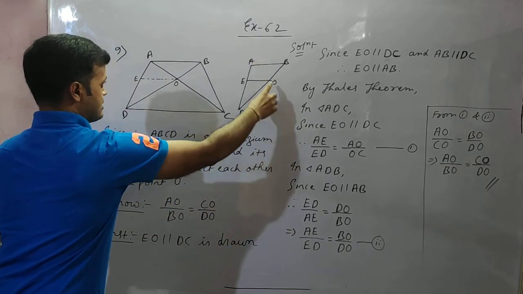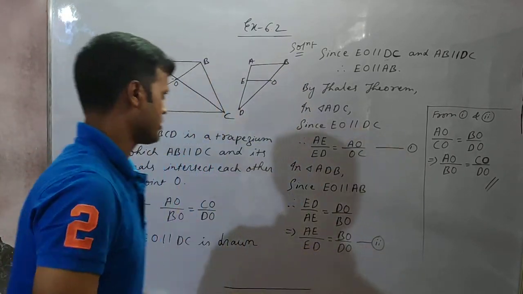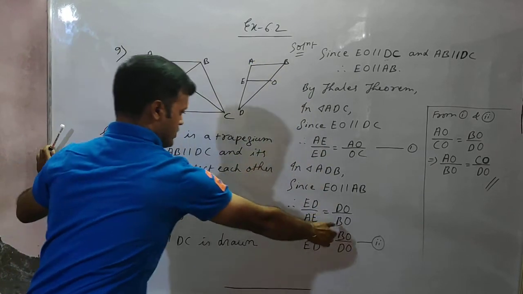The triangle is like this: EO, AB, and this is D. So if EO is parallel to AB, then ED by AE is equal to DO by BO. That is what we wrote here.